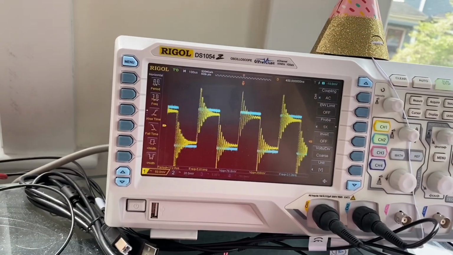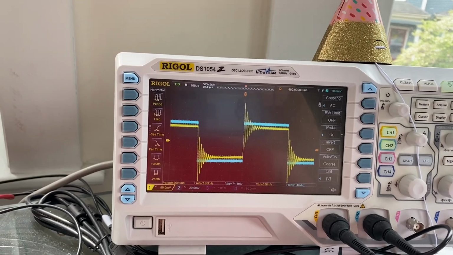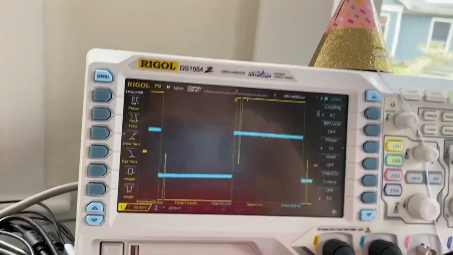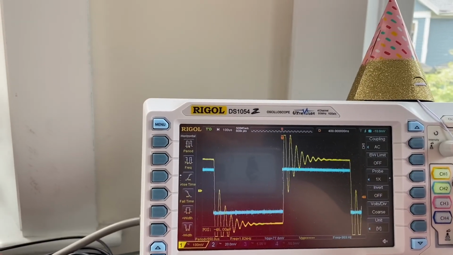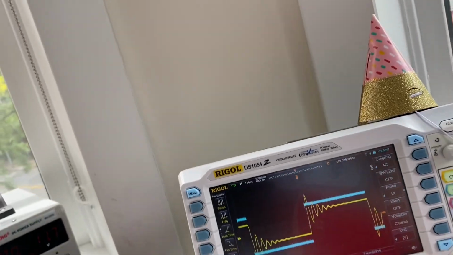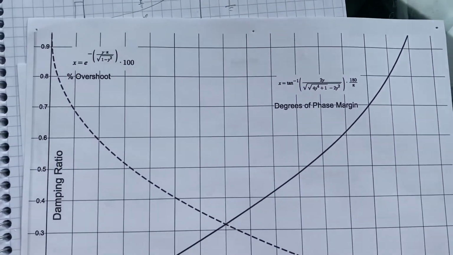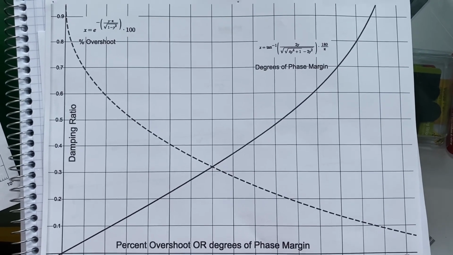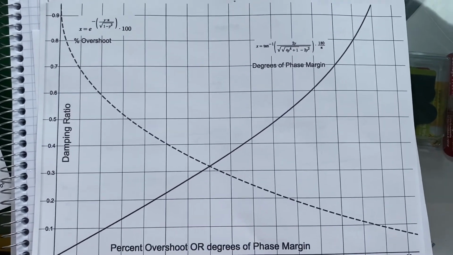And let's lower the frequency a little bit so we can see these oscillations more. And use a relationship of percent overshoot and phase margin to see how much phase margin we have in real life, and then we'll compare with MATLAB as well.